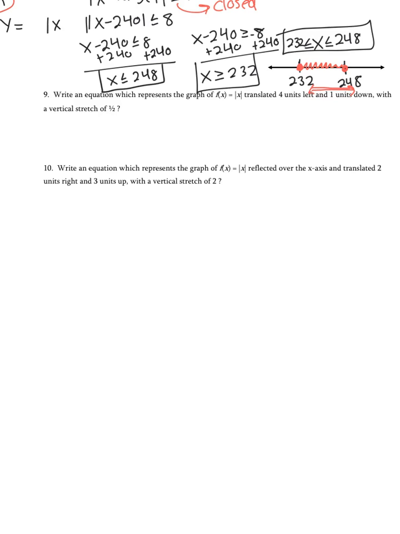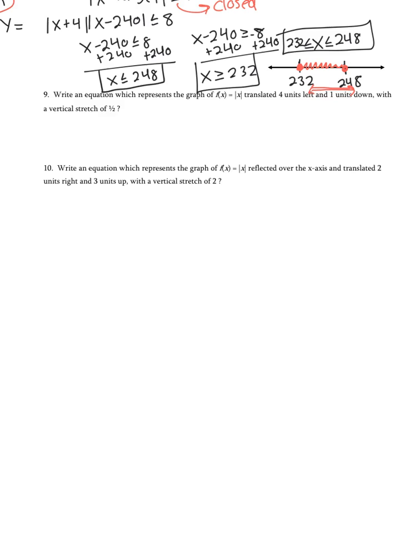That's because you have to have the absolute value of x somewhere in there, since that's your original parent function. So if I want to go 4 units to the left, a movement left or right happens inside of the absolute value bars, so I know I'm going to have a 4 here. Remember the trick that x lies? If I'm going left, you usually associate that with a minus, but x lies, your sign always flips, so this is going to become a +4.